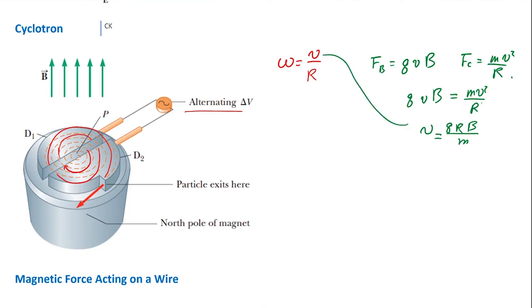And then you substitute it right there. Good? So what we get is this thing is equal to qRB over m, over, I'll just put R here. And then these R's cancel. So you get qB over m.